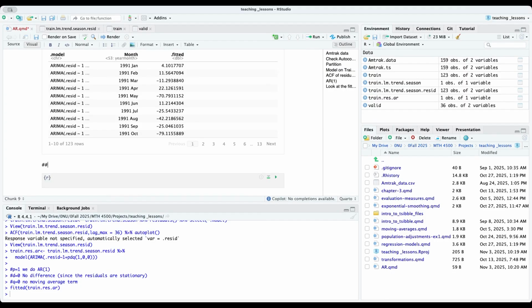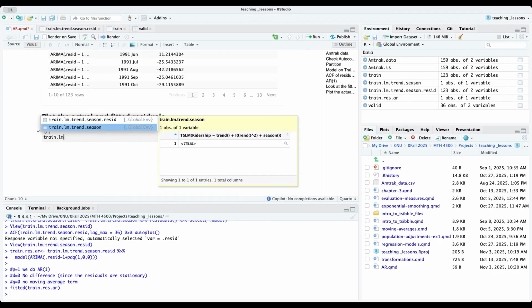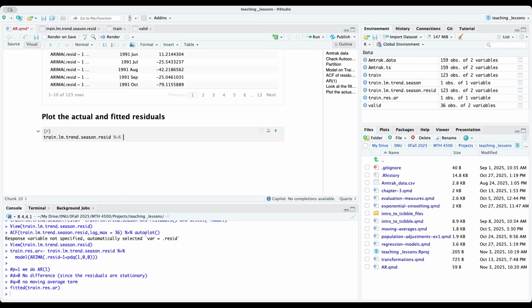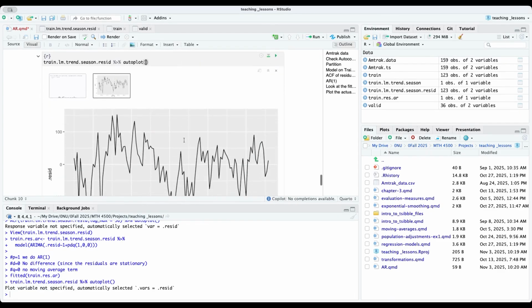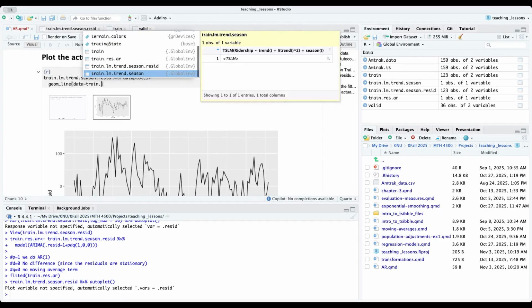So let's plot the actual and fitted residuals just to look at how much we are fitting on the training data set. So train.l, we look at the residual. I'm going to add autoplot. So this is our residuals. I'm going to add another layer, taking my data from the fitted.